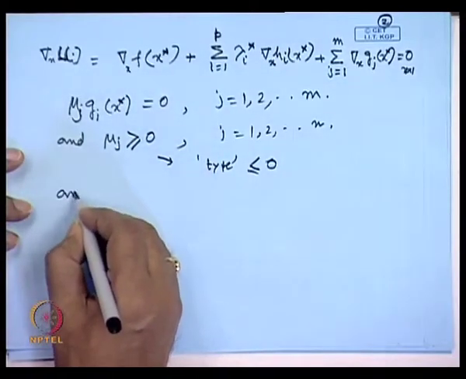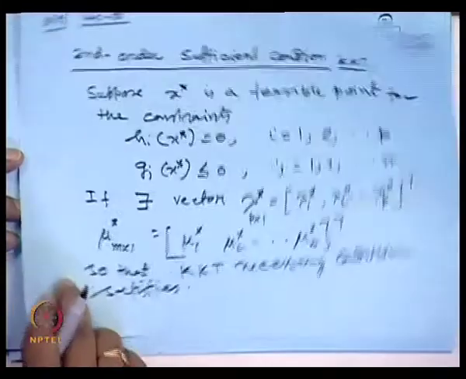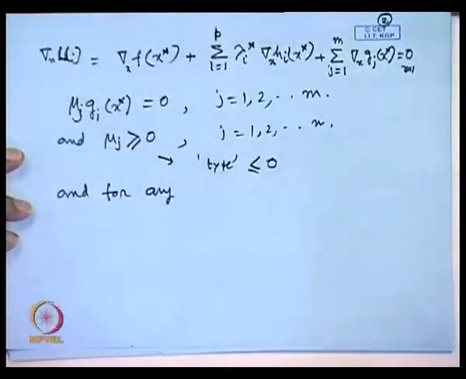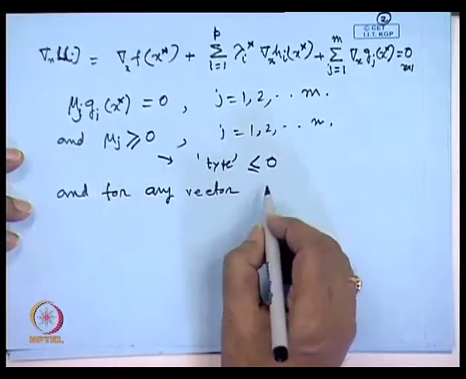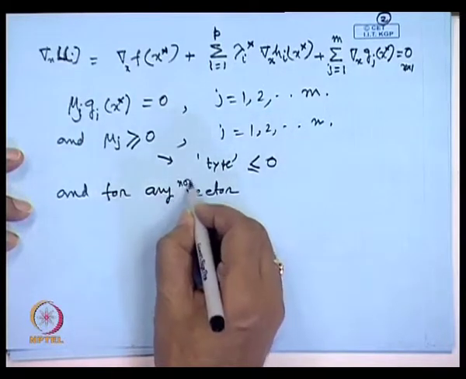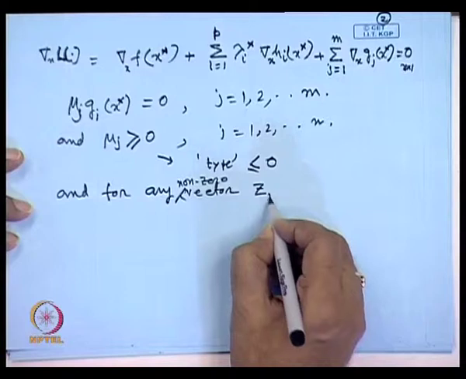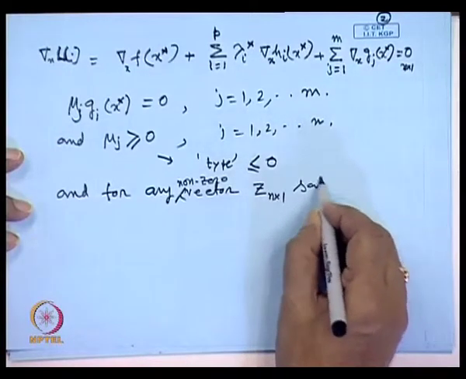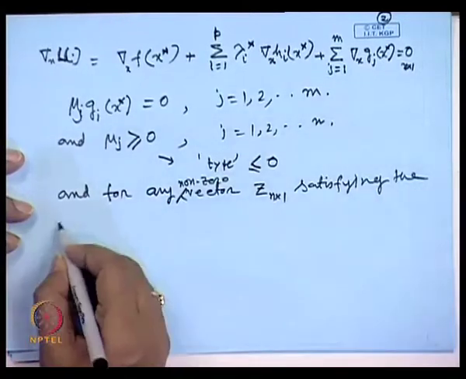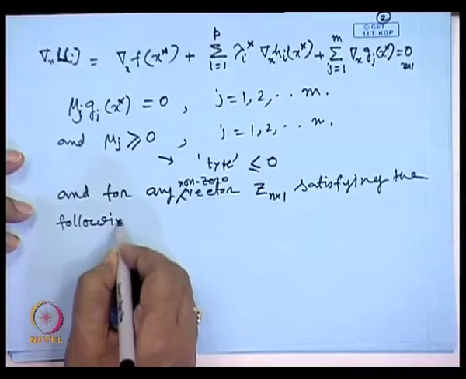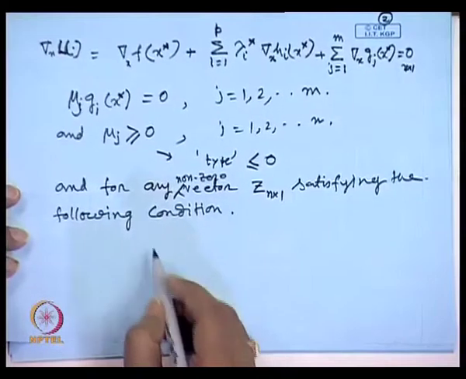So, these are satisfied so that the necessary conditions hold, and for any non-zero vector z whose dimension is n cross 1 satisfying the following conditions. What are these following conditions?